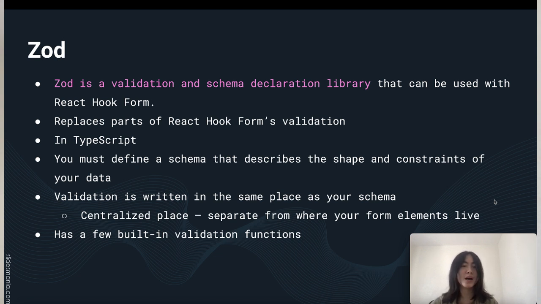For Zod, you have to define a schema that describes the shapes and constraints, or validation rules, of your data. And with Zod, validation is written entirely in the same place as where your schema lives. So this forms a nice centralized place, which is separate from where your form elements and all of that HTML is going to live. Finally, Zod has a few built-in validation functions that just make life much easier.